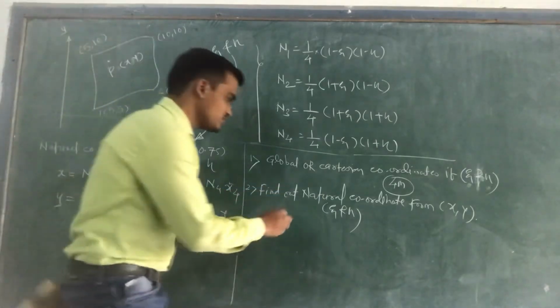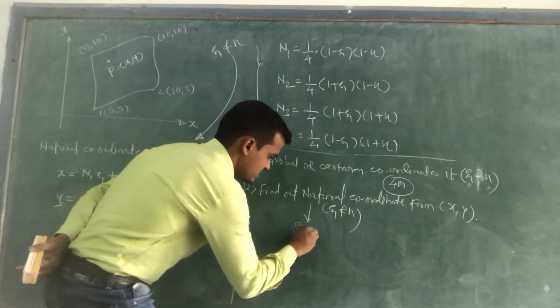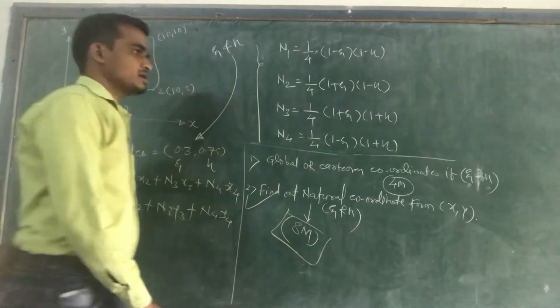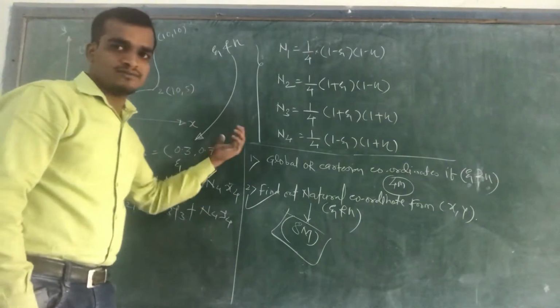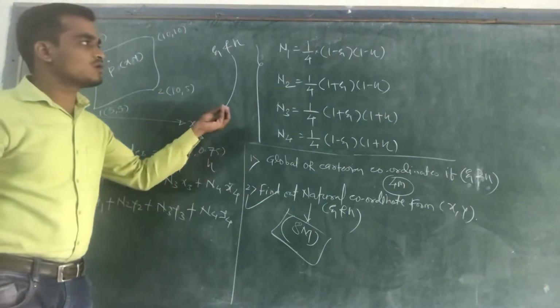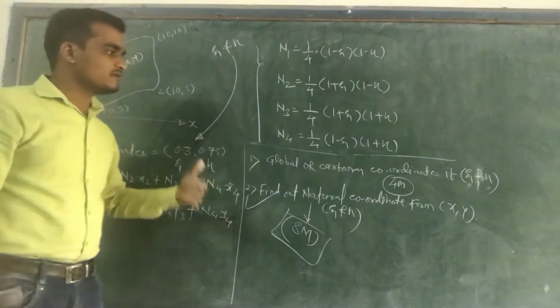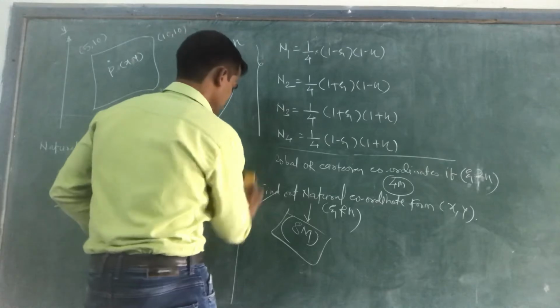Then for such examples the weightage is 8 marks. Okay, so such examples will be asked in your exam on this 4th unit. This is nothing but your coordinate transformation. Now we will see one example related to this coordinate transformation.